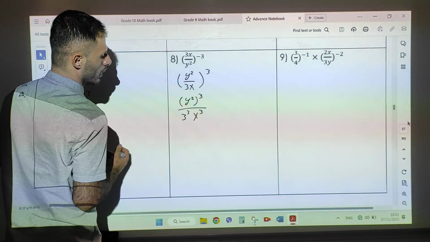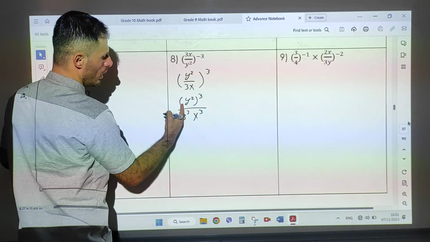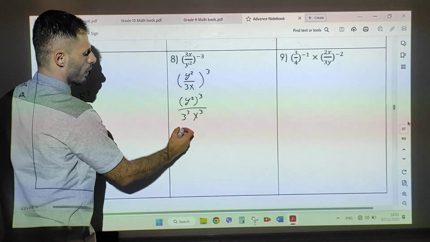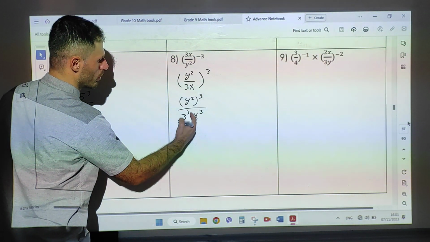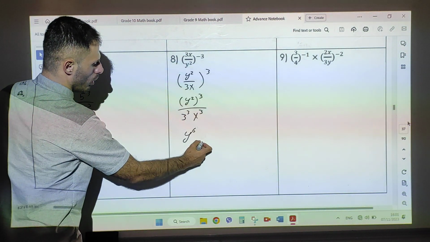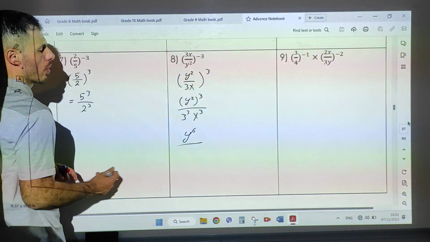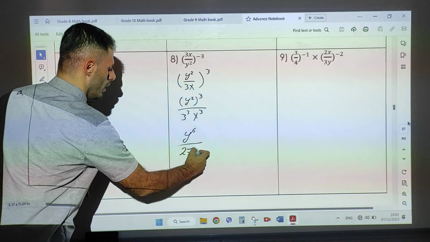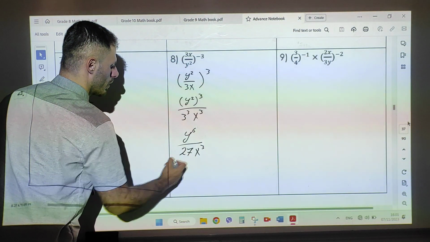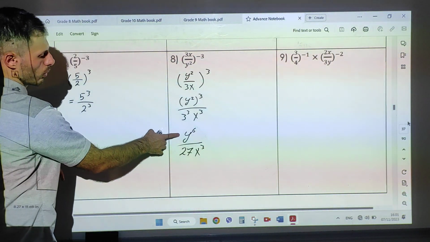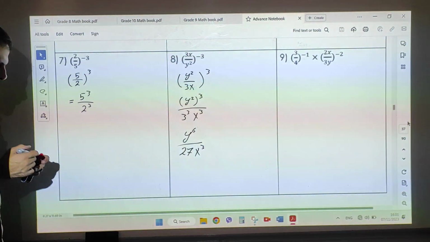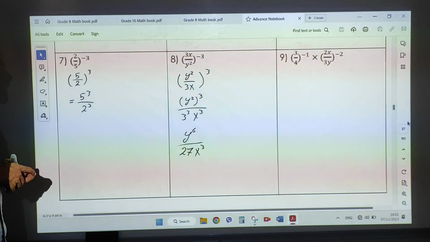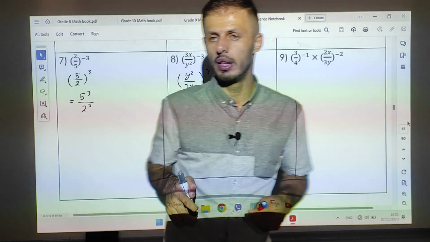For the y, 2 times 3 will be y power 6, because you multiply, over 3 to the power of 3, which is 27, x to the power of 3. We just have that y, that number, and this x, we cannot simplify. That's the final result of this question.